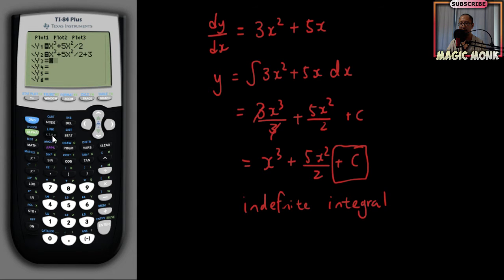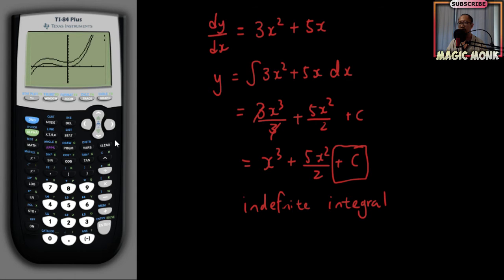Let's do another one where c is, let's say, negative 1: x cubed plus 5x squared over 2, and c is negative 1. Okay, if we draw a graph, you'll see 3 different lines.